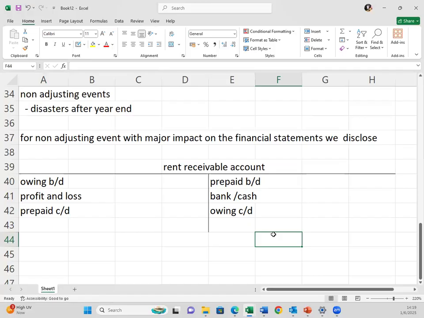So it means we have the obligation. So if rent received is prepaid, we put it on the credit.